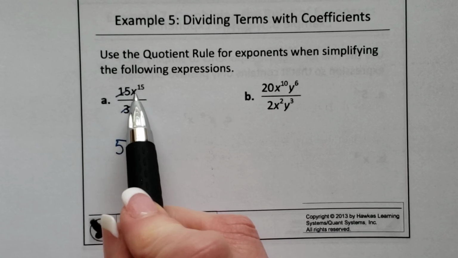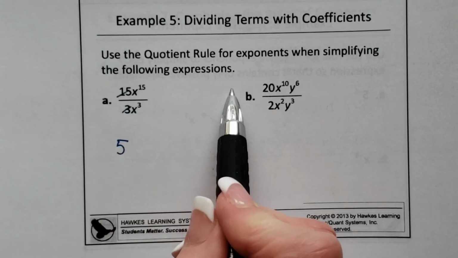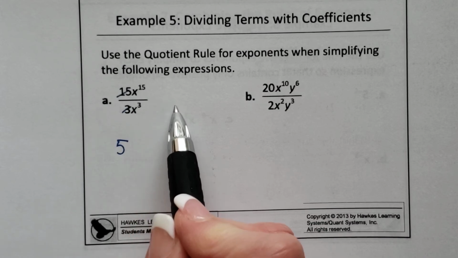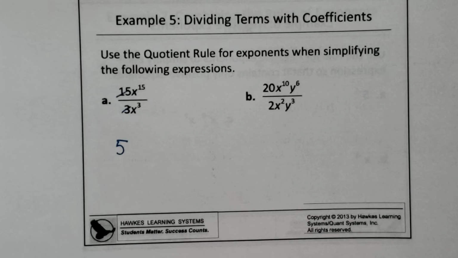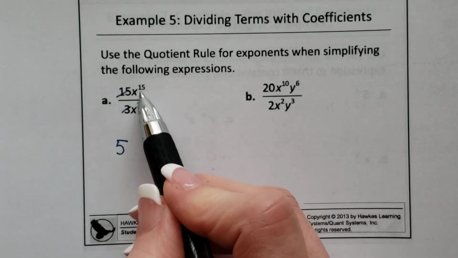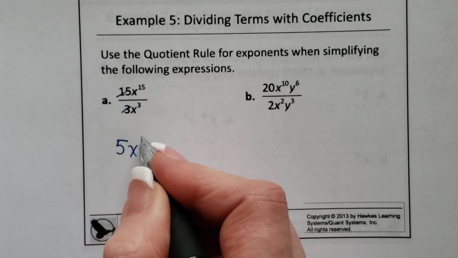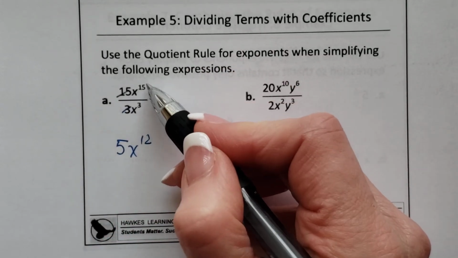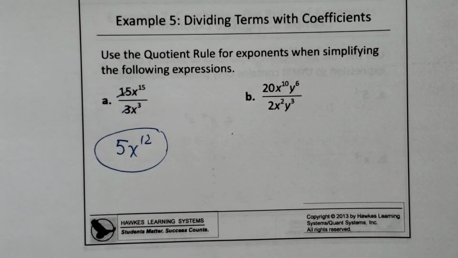Now, in the numerator, we also have 15 x's. I could write those out, but that'd be a lot of x's. I'd have 3 x's on the bottom. I would have 3 pairs on top and bottom that cancel. And then wouldn't we have 12 x's left on the top? In other words, 15 minus 3 is 12. And that's our simplified answer.